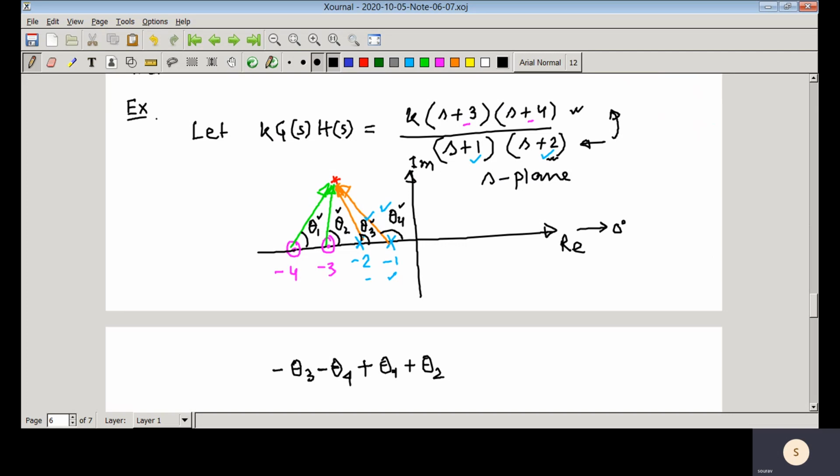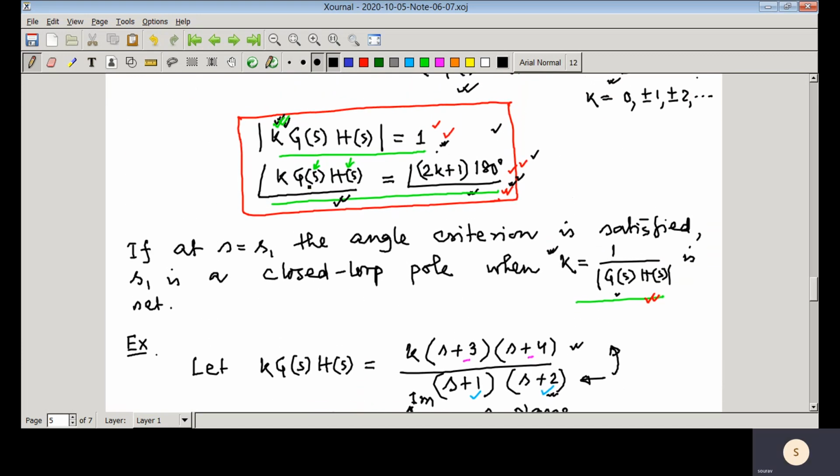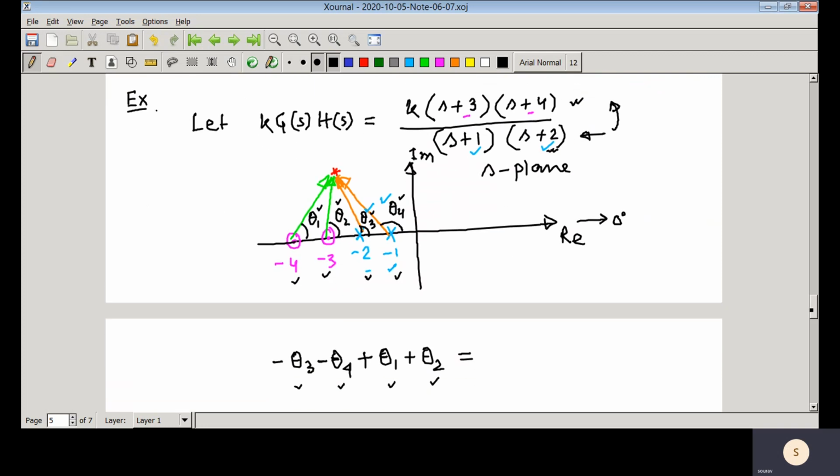So you can see here, these two angles are contributed by the zeros, and they are positive because they are in the numerator, and these two poles are contributing angles minus theta 3 and theta 4. If we add those four angles and they satisfy this phase condition, they would be equal to (2k plus 1) times 180 degrees.